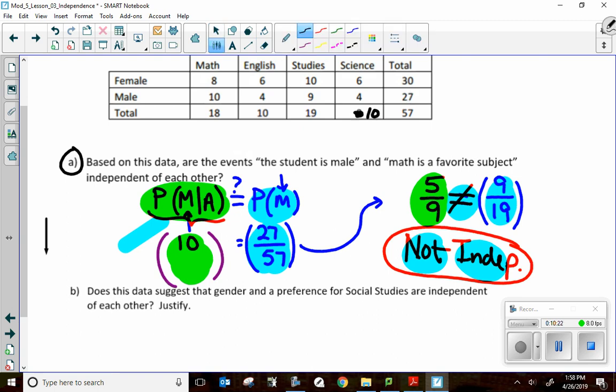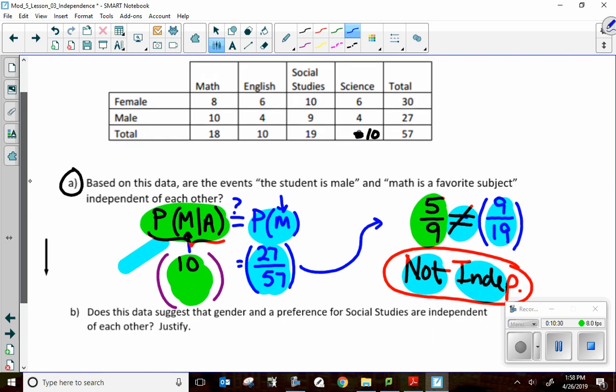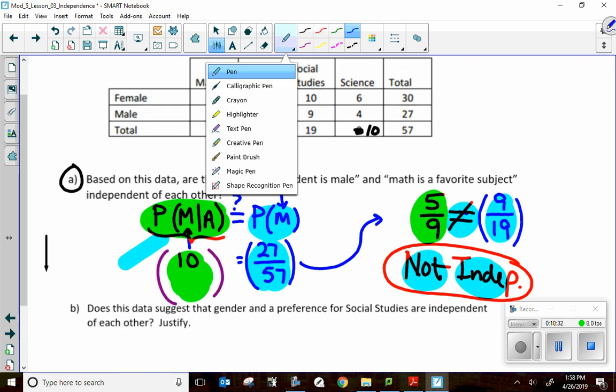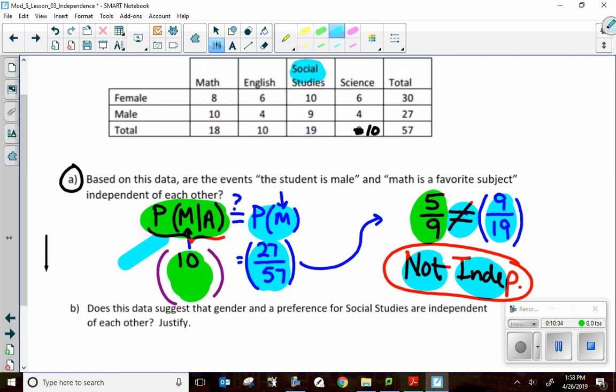Now, social studies is this column right here.